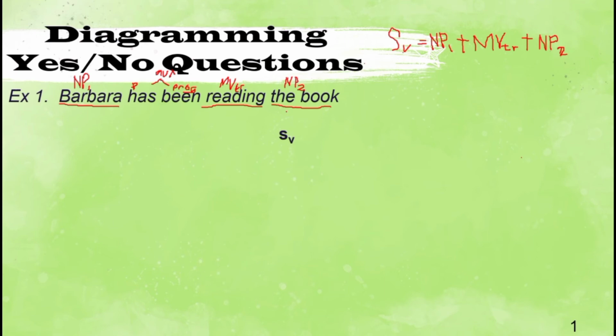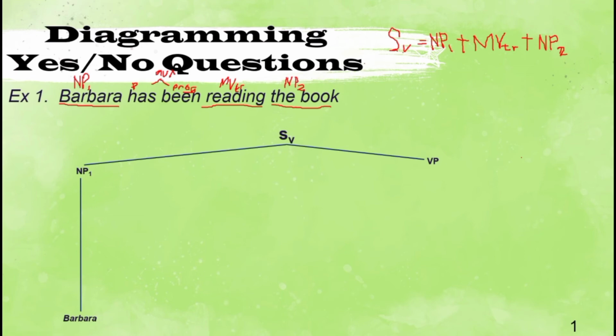S5, which stands for sentence 5, is going to be at the top of every diagram or every structural formula. Then as we go down below, things will start to differ. It consists of the NP followed by the verb phrase. So our noun phrase subscript 1 is Barbara.